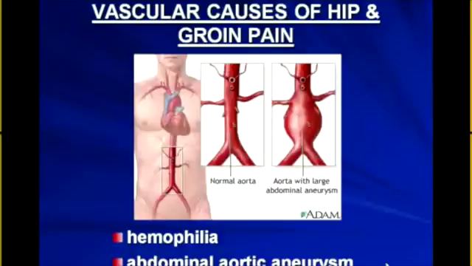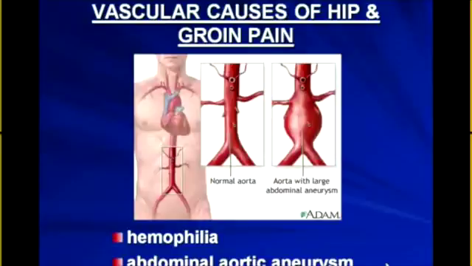Sometimes they'll have pain with other symptoms, including cough, shortness of breath or hoarseness. It's more often seen in males, usually over the age of 50, and they're usually of poor health. They often have a history of high blood pressure or previous stroke or transient ischemic attack or arterial sclerosis.